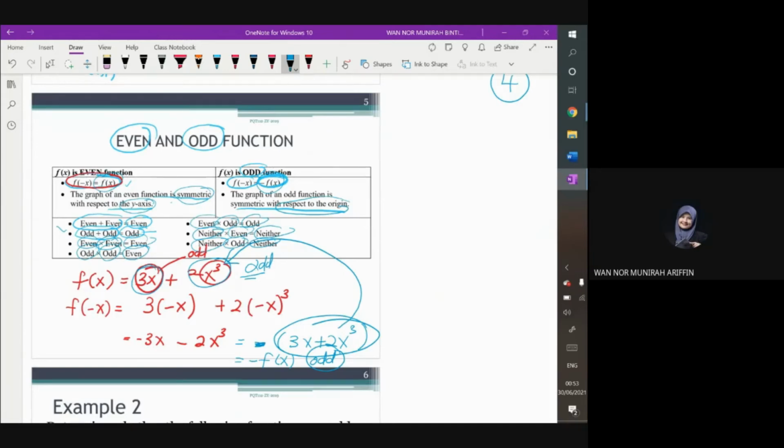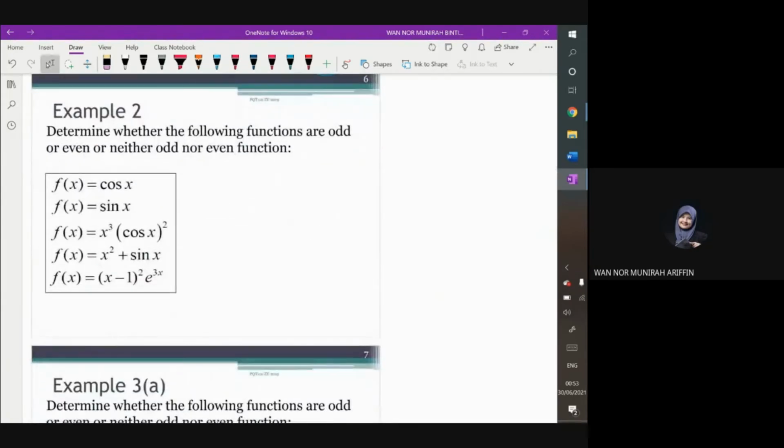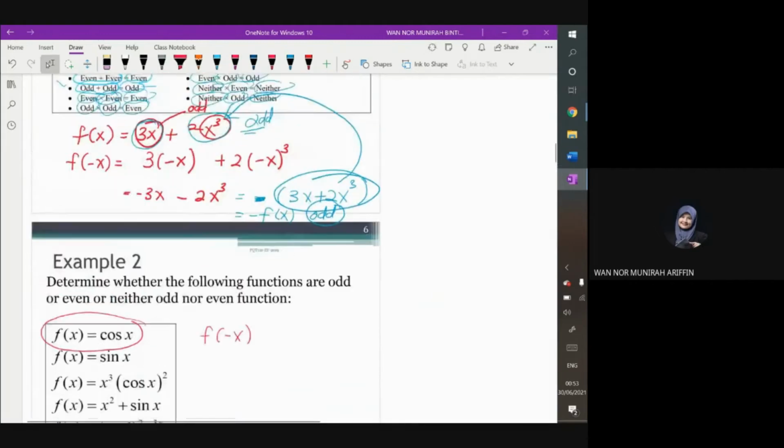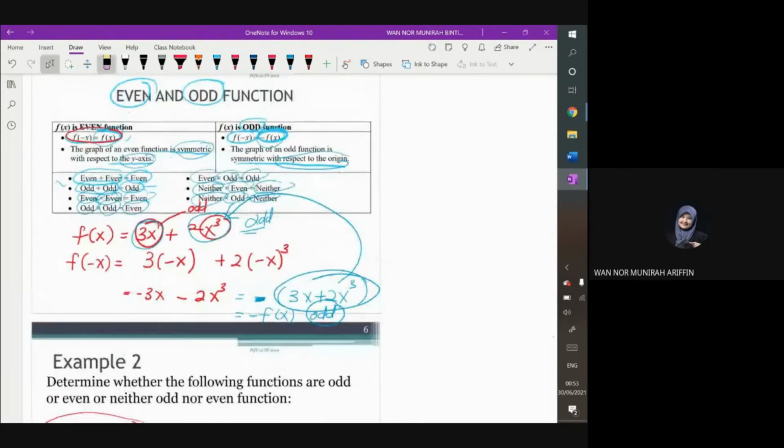Take a look at this one. Determine whether the following functions are odd, even, or neither odd nor even. This is very important, class. Cos x, as we discussed in class. You need to replace it using the first way. We have two ways, right?